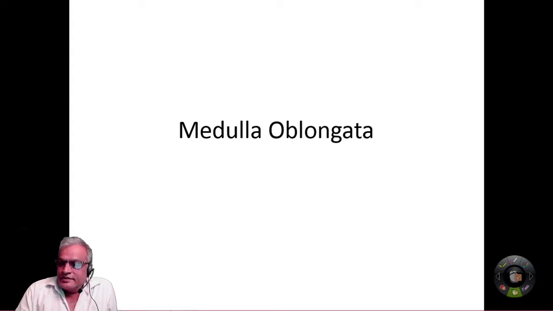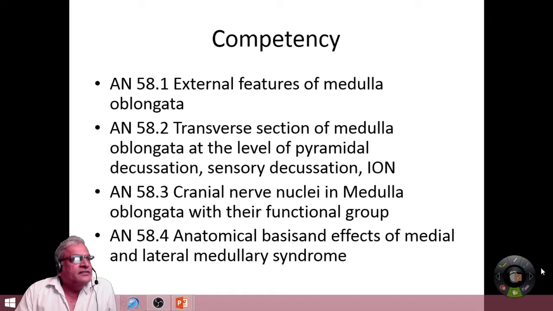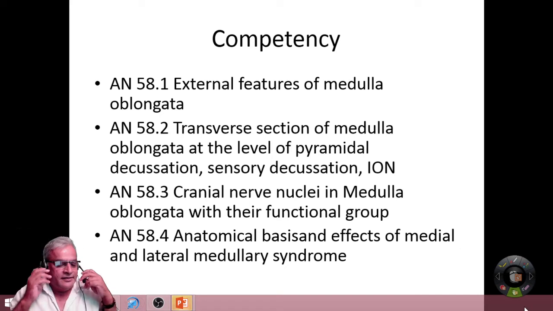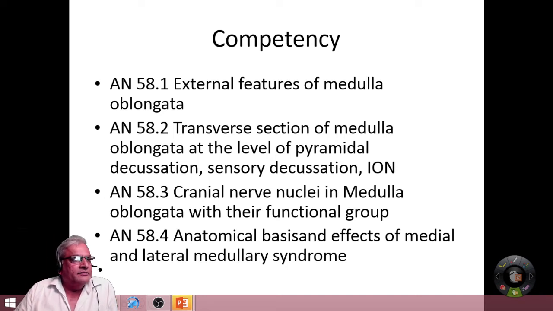So we go to the first slide, which tells us the competencies. Can you hear me now?